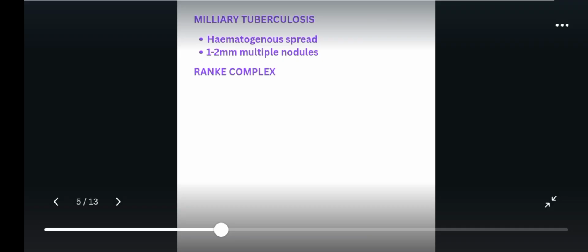Then there is this concept we call the Ranke complex. Ranke complex is a radiographic appearance indicating a healed primary tuberculosis infection. It consists of a calcified granuloma in the lung and ipsilateral calcified mediastinal or hilar lymph nodes.